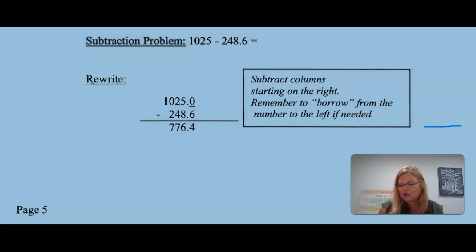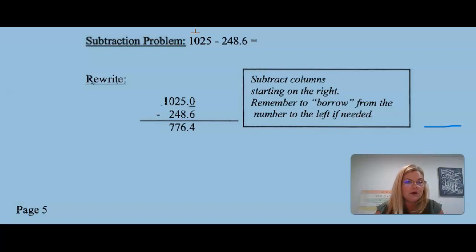So here's just a quick review of the subtraction problem that was in the last video. What we were talking about is, for example, here the number 1025. Well, we needed the placeholder because there isn't a 0 here, but we have a 0.6 here. So first of all, we see that we've added the placeholder and that those decimals are lined up correctly.